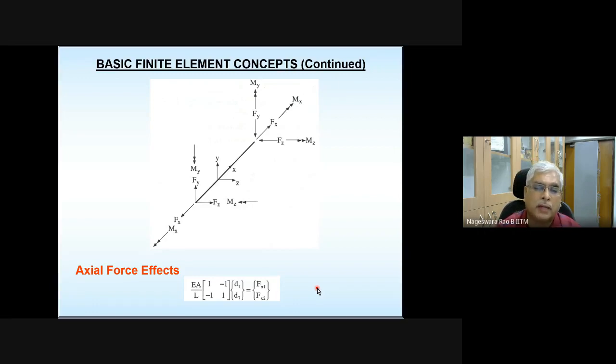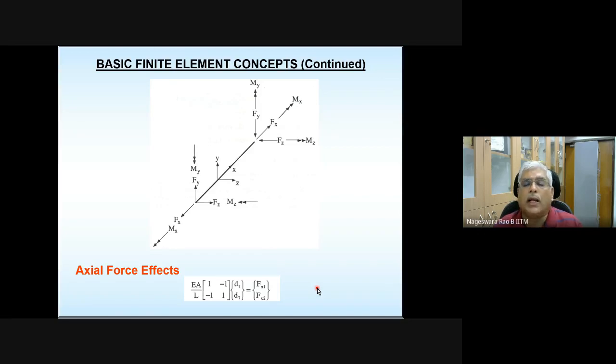Uncoupled in the sense this space frame element is undergoing small deformations, so that we can ignore the interaction effects. Axial effects are not going to have any effect on bending, or any effect on torsion.